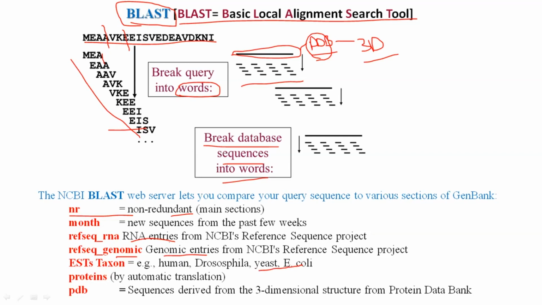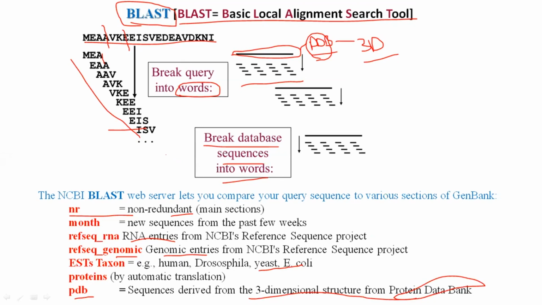Proteins by automatic translation are compared to the protein sequences on UniProt. And PDB compares with the three-dimensional structures from the Protein Data Bank. Once we go into hands-on, you can check this. I'll explain again.